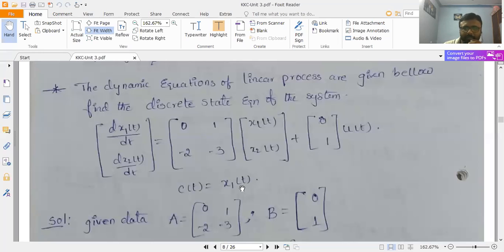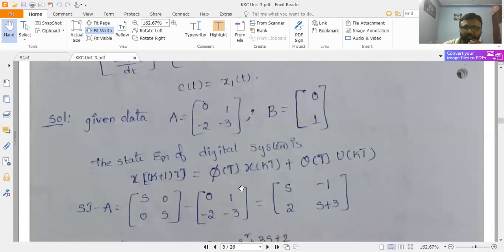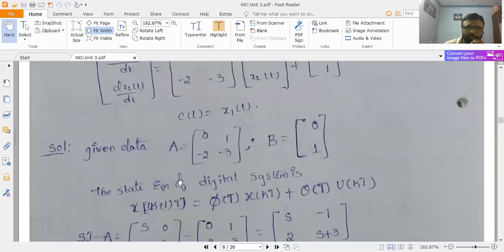As we have discussed earlier, that is x of (k+1)T is equal to phi of T into x of kT plus theta of T into u of kT. This is the state equation of the digital system. We need to find out this x of (k+1)T and c of kT. We need to find out these two things.